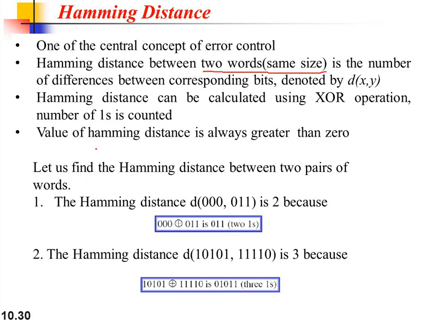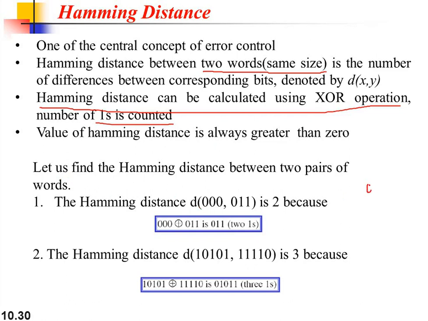Now you can calculate the Hamming distance with the help of the XOR operation. XORing we have already seen. The number of ones is the Hamming distance between the 2 words. So let us find the distance between these two.